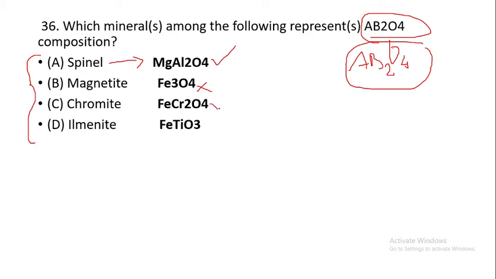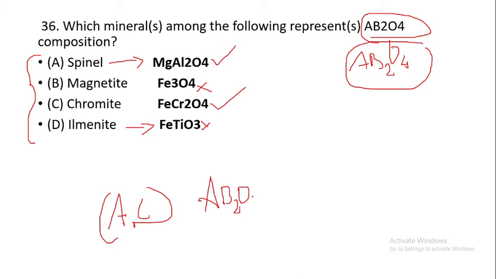MgAl2O4 is right and FeCr2O4 is right, then ilmenite is FeTiO3. So this is also wrong. So option A and option C are right. Both of these have the general chemical composition AB2O4. Okay, spinel MgAl2O4 and chromite FeCr2O4.